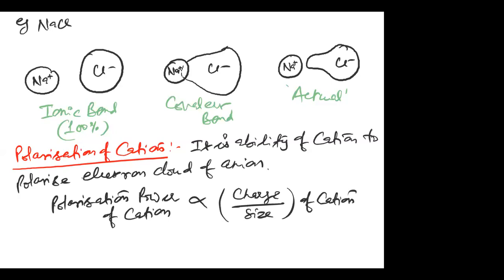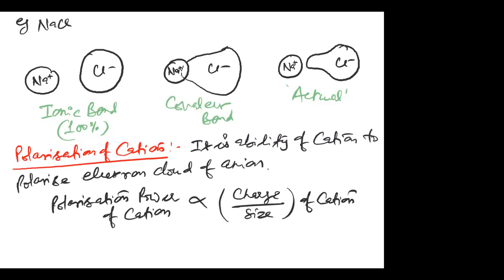So the higher the positive charge of the cation, the higher the polarization power. And if size is smaller, polarization power of cation is again higher.